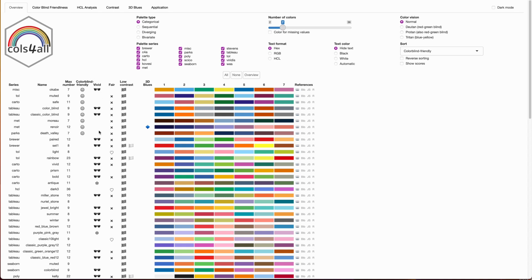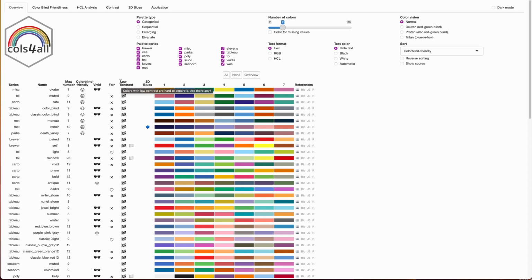And so when you're looking for a qualitative palette with 7 colors, then it's best to look for one of these, and then you can see which one you like best, depending on the application at hand.